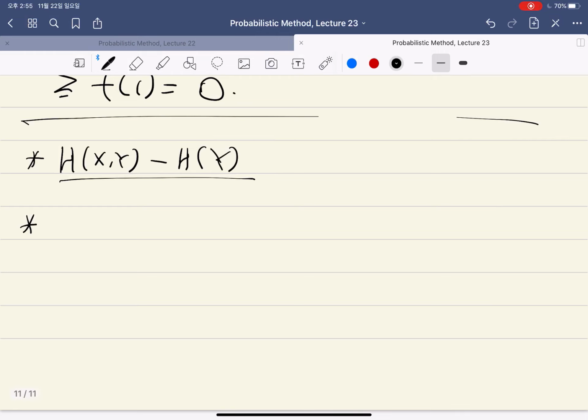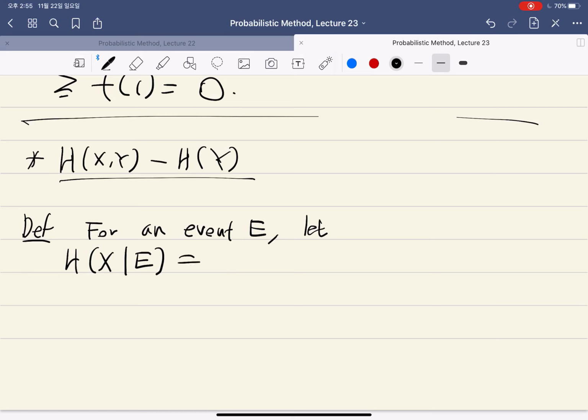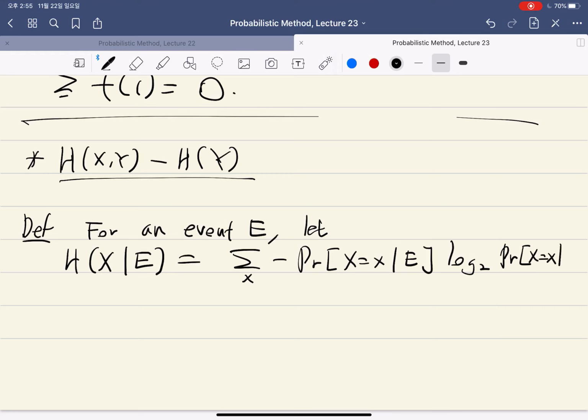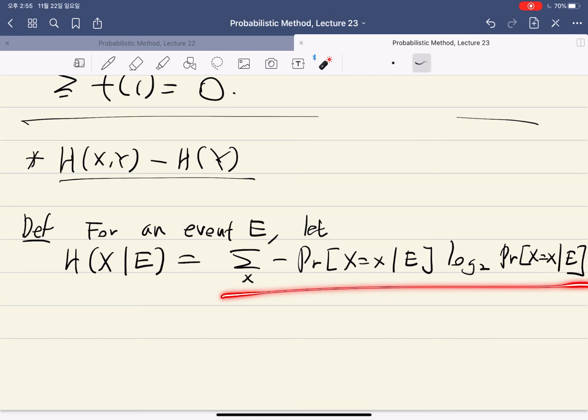Let's say for an event E, let the entropy of x given E be the whole summation of the probability that x is equal to x, conditioning on E, times the log of the probability that x is x, again conditioning on E. So this is nothing but the same definition as the entropy, but we add the conditioning.